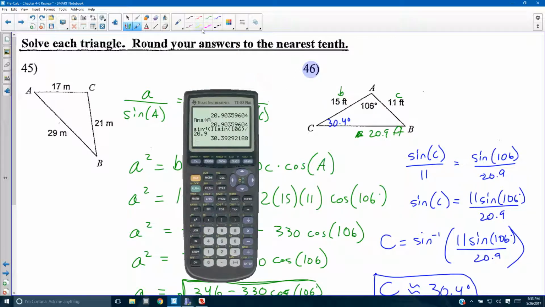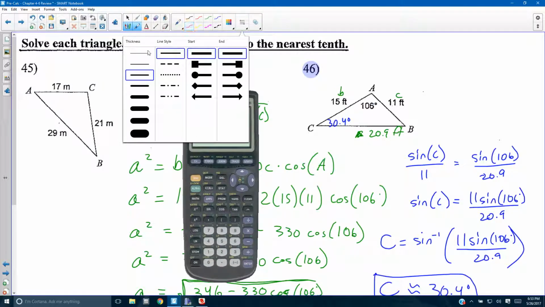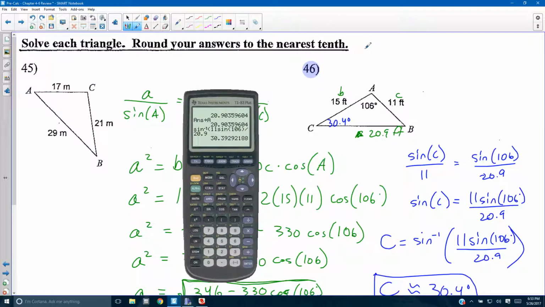Okay. I'll try and do this one without the calculator this time and see if I can get the measure of angle B or thereabouts. As we know, 106 degrees here, 30.4 degrees here. Measure of angle B will be found by taking 180 minus the sum of these two here.